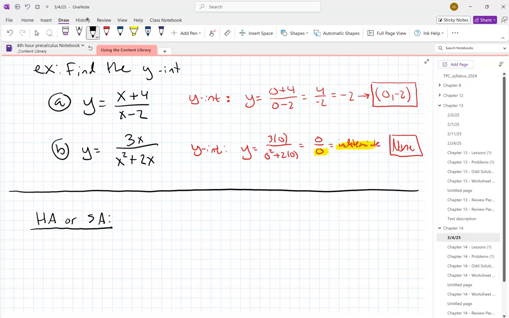So the next thing we're going to do is talk about finding the horizontal asymptote or slant asymptote. And every rational function has one or the other. None of them have both.